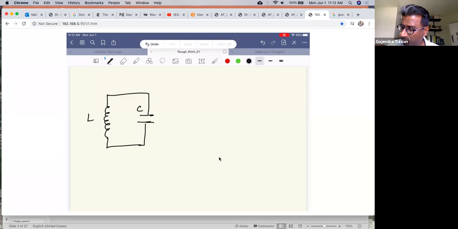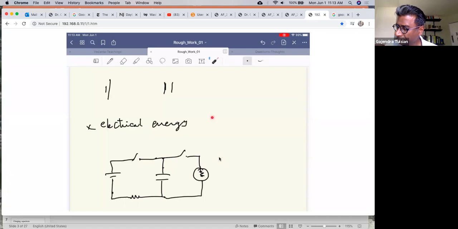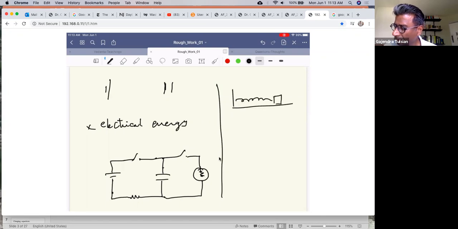So this circuit here will oscillate with a frequency of 1 over the square root of LC. That's the natural frequency of oscillation of this circuit. Just like you have seen a mass attached to a spring, and this will oscillate, and the frequency of oscillation is 1 over 2 pi times the square root of k over m.